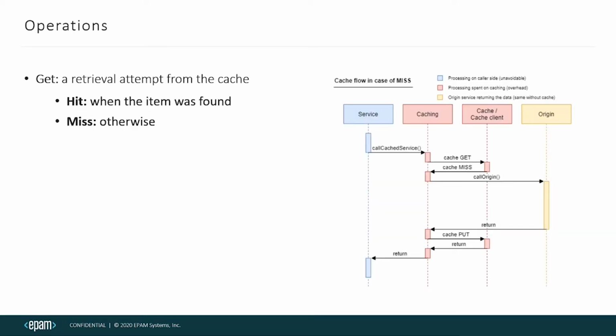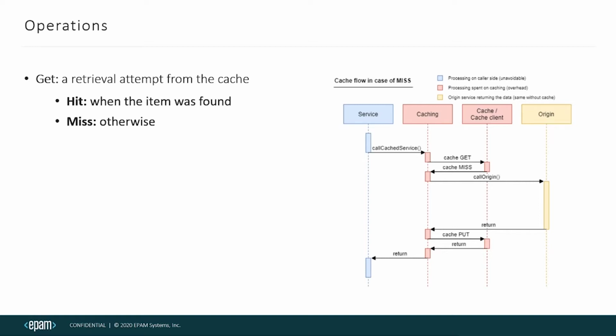So as you can see, there is a nice diagram here, which tries to show a fairly complete flow. We are talking about a service that is shown in blue. It is calling an origin, but there is a caching abstraction or a caching layer in between. So when we make the call, we are on the cache level using a get call, which tries to retrieve something. If the data is there, then we are talking about a hit.